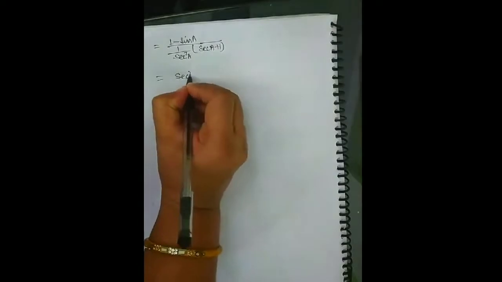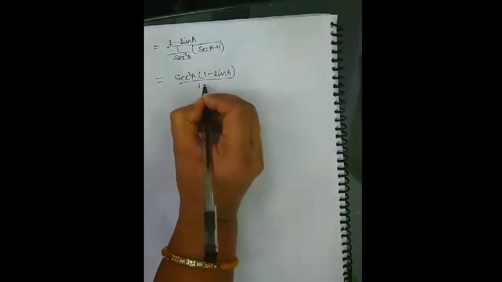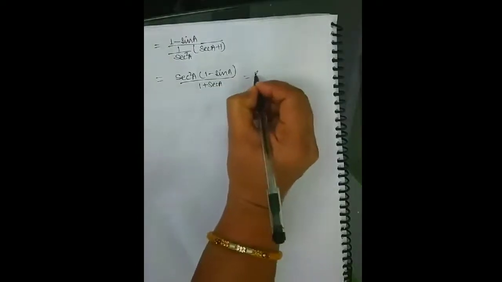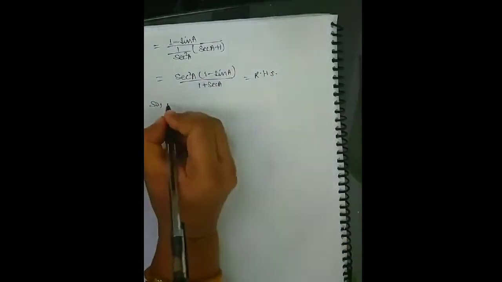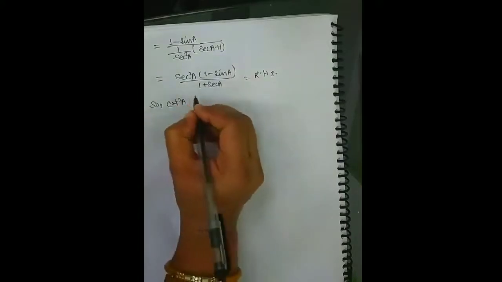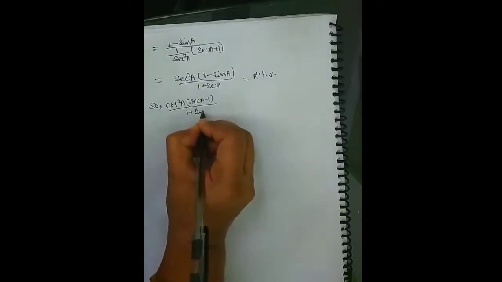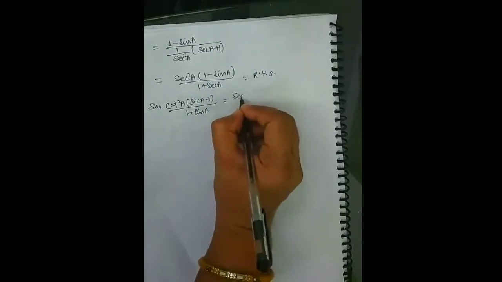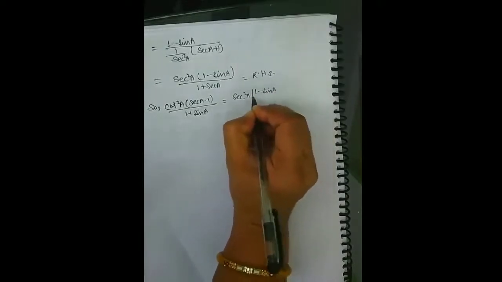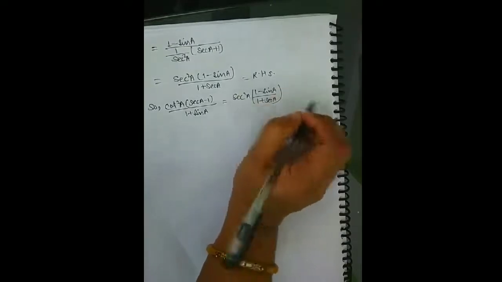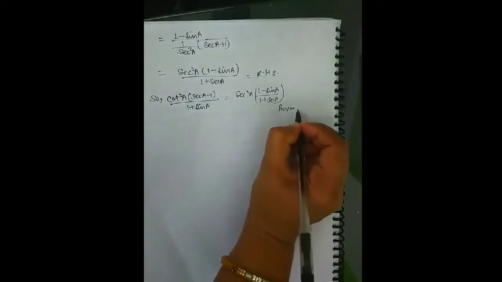So we can write sec square A into (1 minus sin A) upon (1 plus sec A) equal to RHS. So cot square A into (sec A minus 1) upon (1 plus sin A) equal to sec square A into (1 minus sin A) upon (1 plus sec A). Proved.